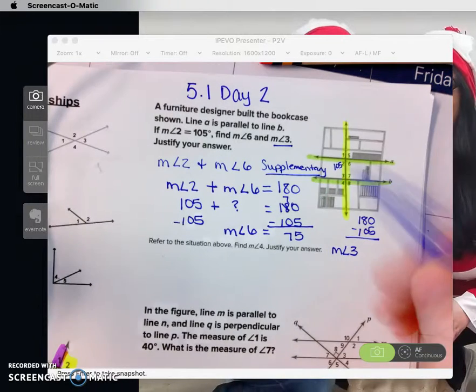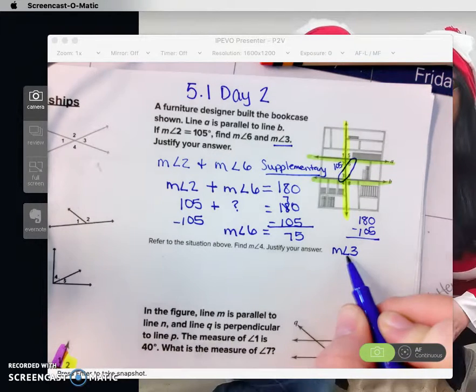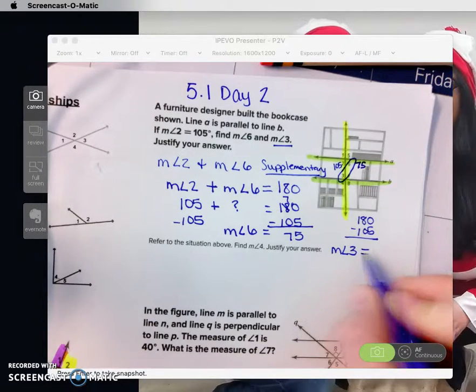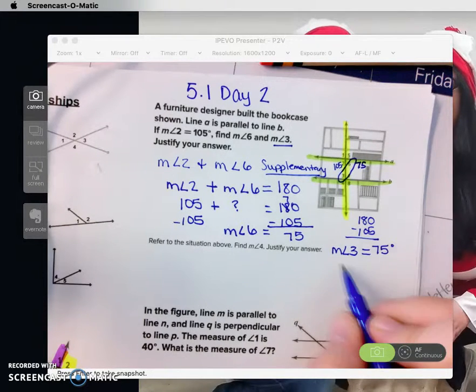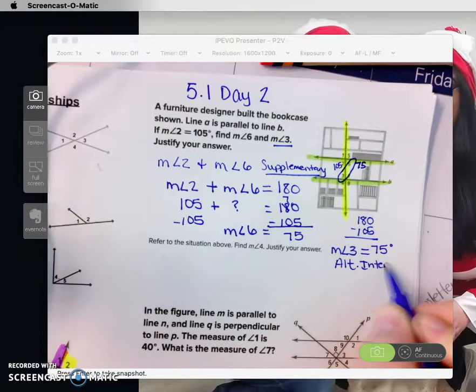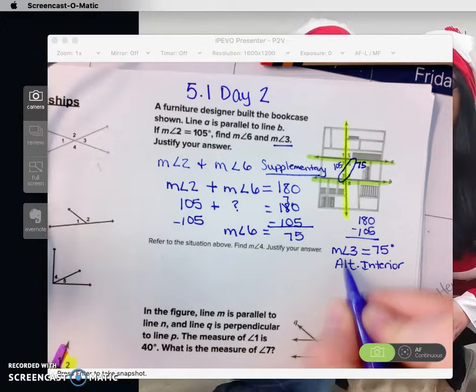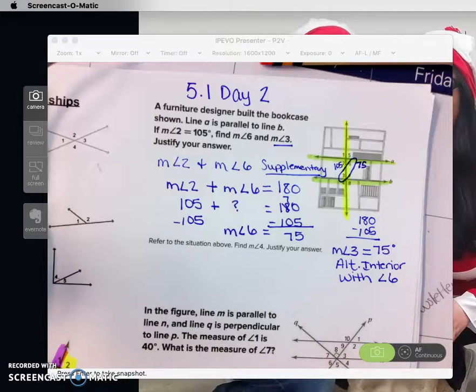Well, these two angles right here are alternate interior angles. So the measure of angle 3 has got to be the same as this one right here. So it's got to equal 75 degrees because these are the same, because they're alternate interior angles, or alternate interior with angle 6. And that would be my justification.